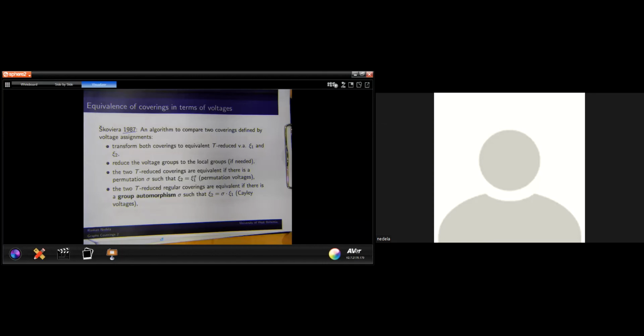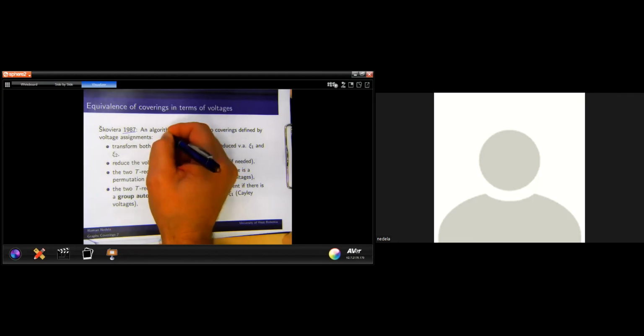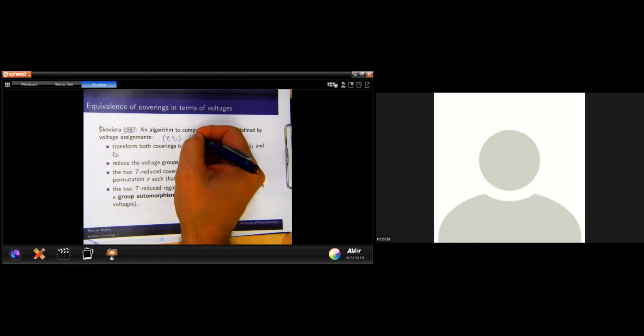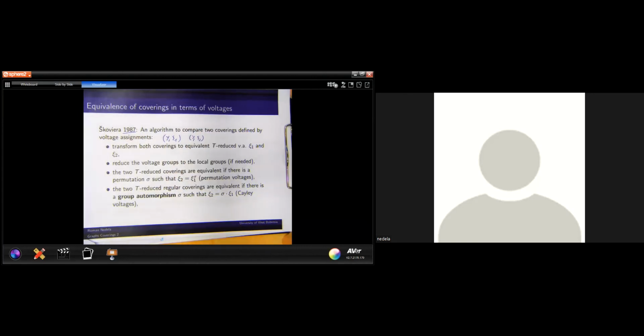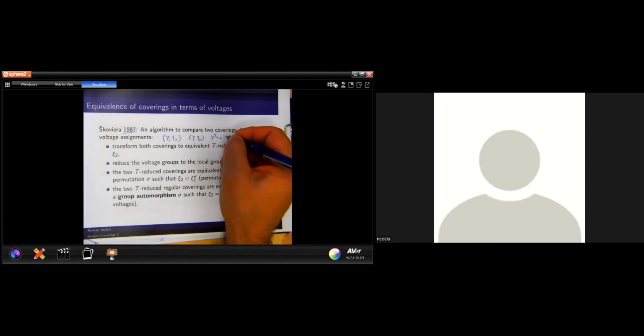So the input is two graphs, actually one graph with two voltage assignments. And the question is, when are the derived graphs equivalent.